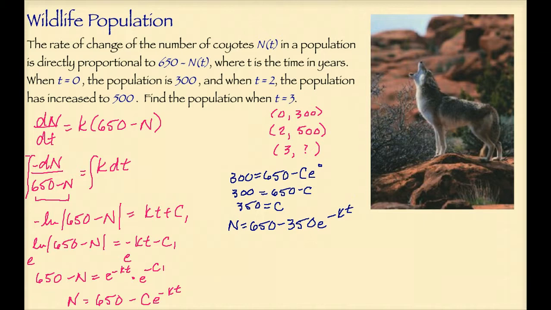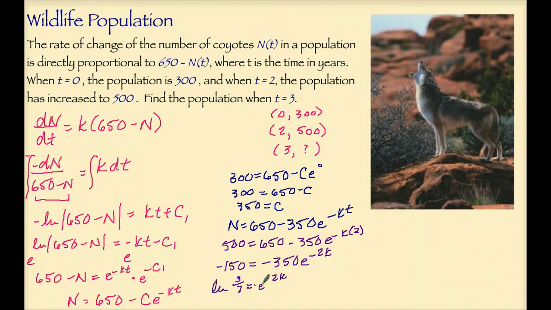Now it's time to use our second initial condition. 500 is equal to 650 minus 350 e to the negative k times 2. Subtract 650, that gives me negative 150 equals negative 350 e to the negative 2k. Dividing by negative 350 gives me 3/7 is equal to e to the negative 2k.